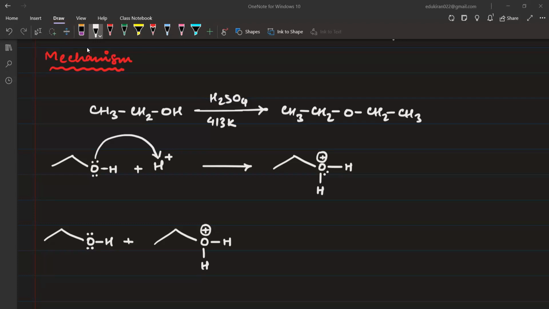So please listen. There are 2 attacks that most students expect. Most of the students see the lone pair electron, which is an electron rich species, will attack on the electron poor species, that is the oxygen atom. But is the oxygen atom really electron poor? Let us see whether it is really electron poor. I have an oxygen atom, which is having 3 bonds, 1, 2, and 3 bonds.